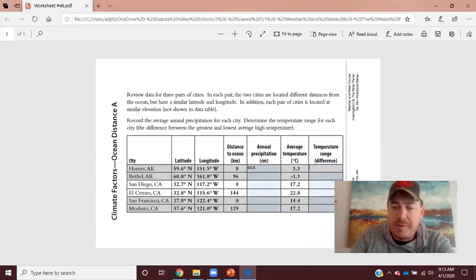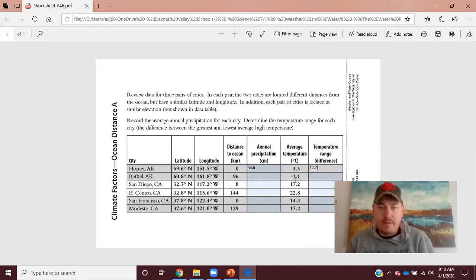And the temperature range we said was 17.2 degrees. Okay, so if you don't have that, fill it out on the PDF and make sure you save it. And again, all you're doing is filling in those blocks here for Alaska, Northern California down here, Southern California is here.